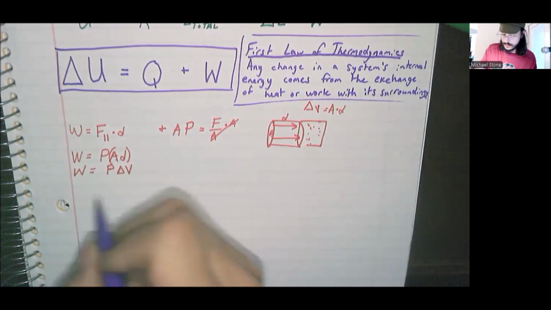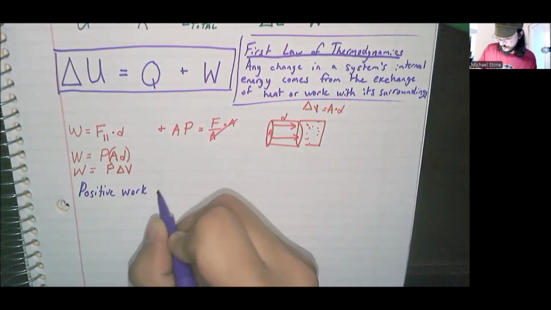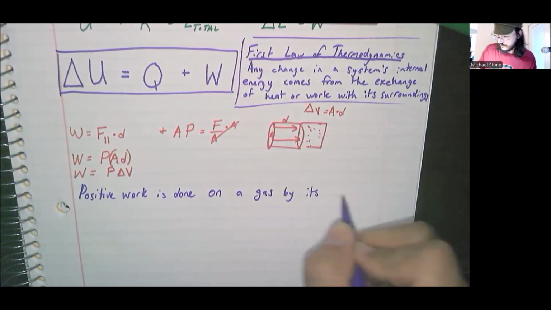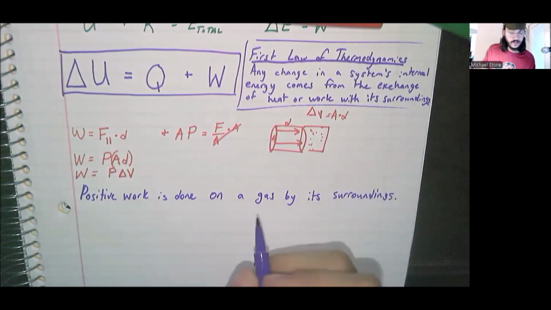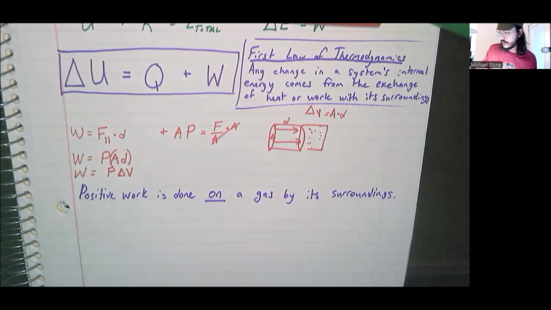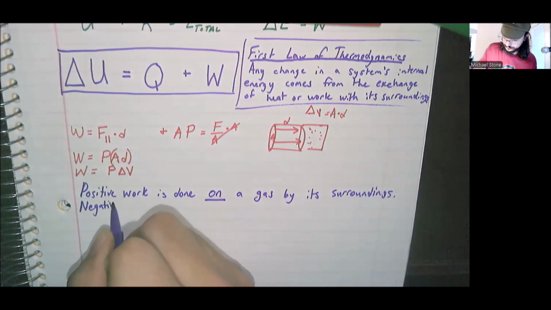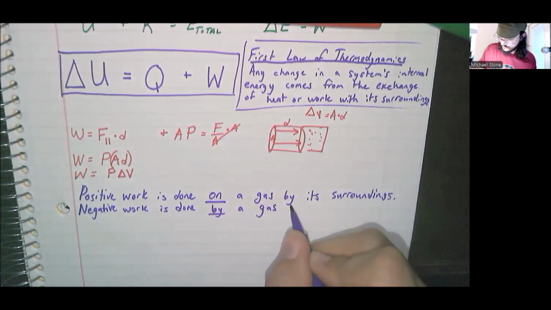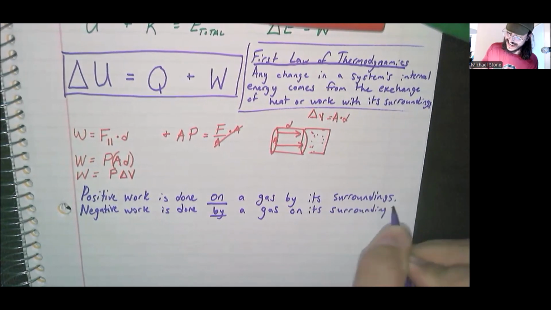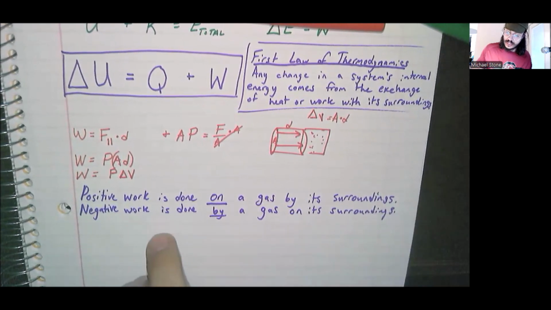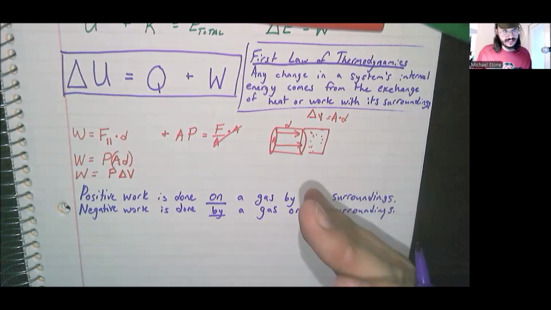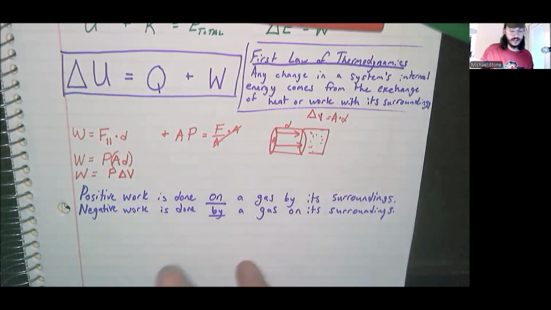By convention, positive work is done on a gas by its surroundings. Negative work would be done by a gas acting on its surroundings.